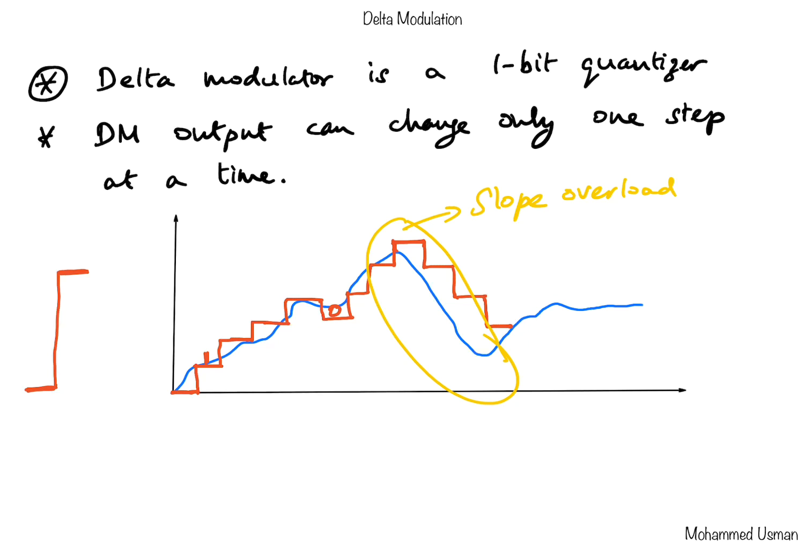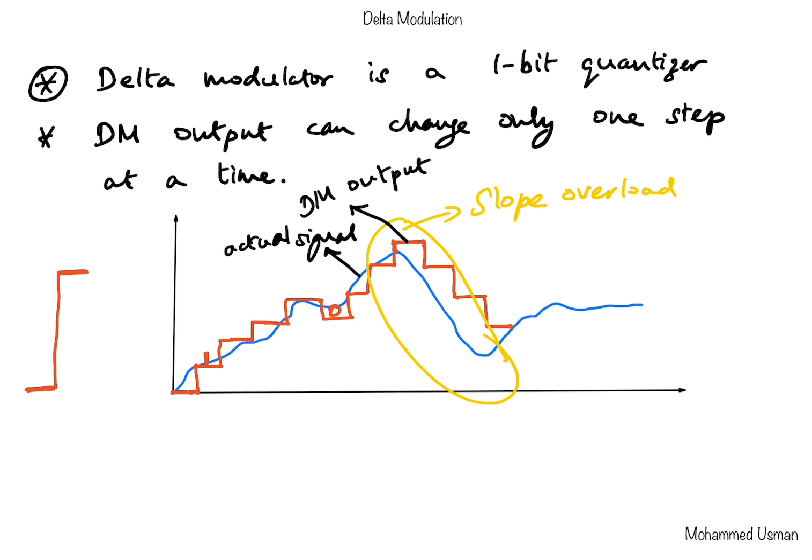So the blue curve is the actual signal, and the red step marks denote the delta modulation output. Let me mark that. This red staircase is the DM output, and the blue signal is the actual signal.